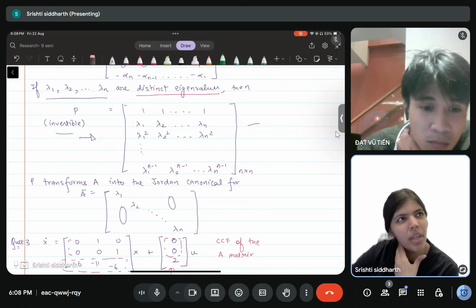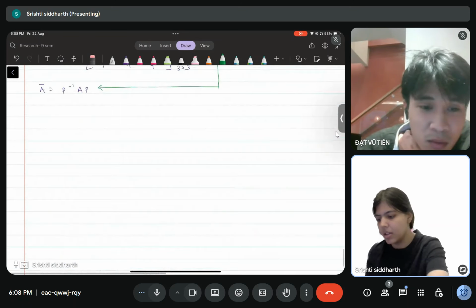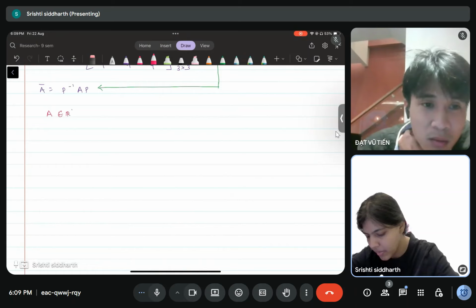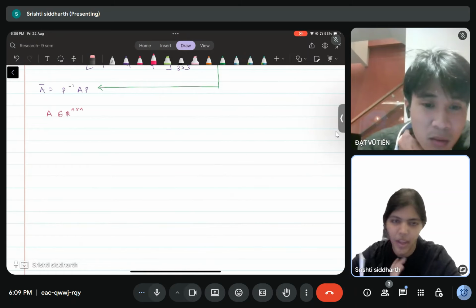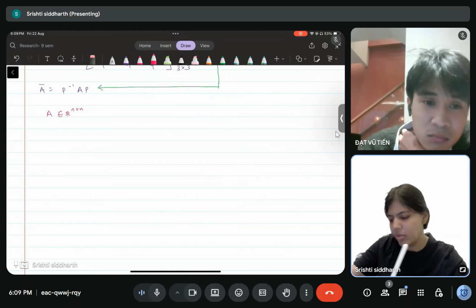I think that would be in any of the textbooks on control systems. So what they do is they write down this: if A is some R n by n, and if n eigenvalues are distinct, you can use this. If n are complex, then I think there is another method. I'll have to check this out.